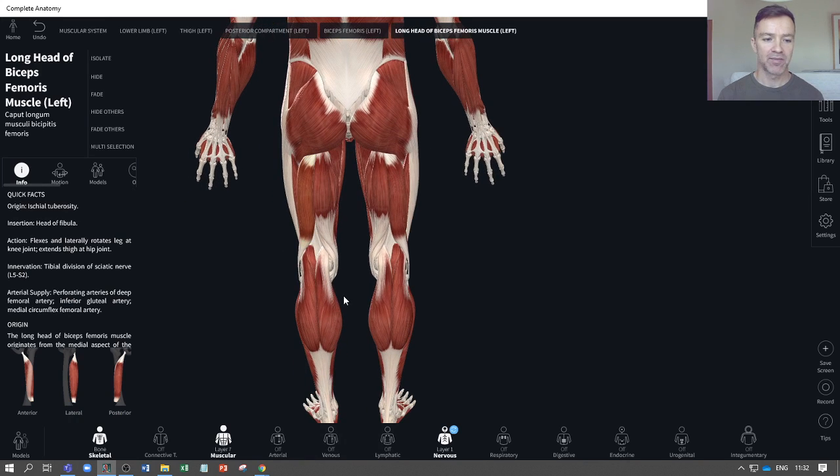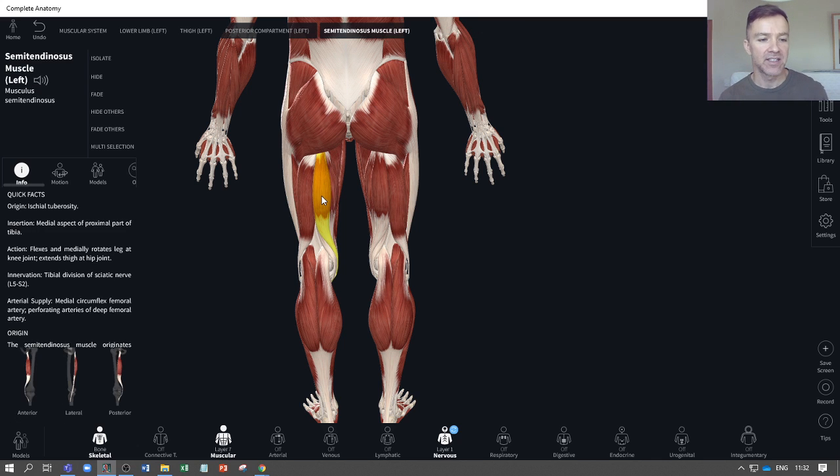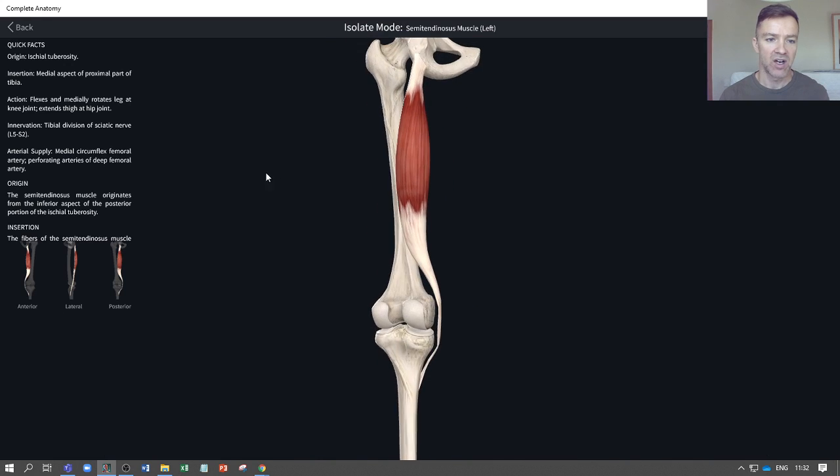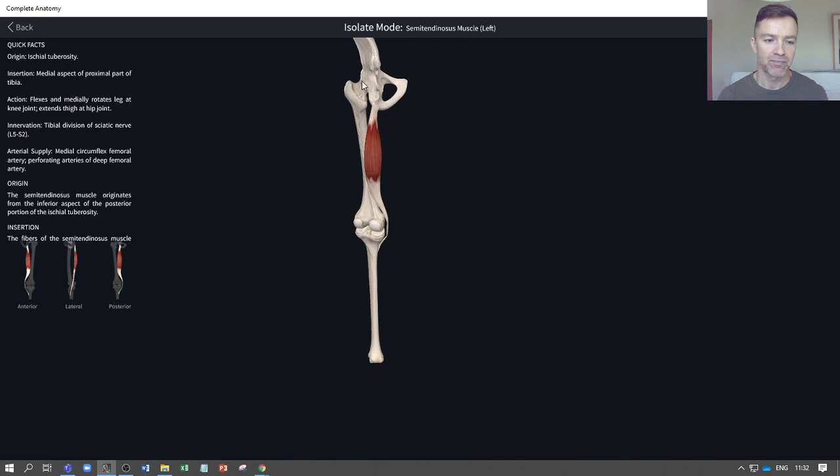There are 3 hamstring muscles. The next is called the semitendinosus. So the semitendinosus muscle also originates up on the ischium, crosses the hip joint, runs down the back of your leg, crosses the knee joint, and it inserts onto the tibia this time, not the fibula.